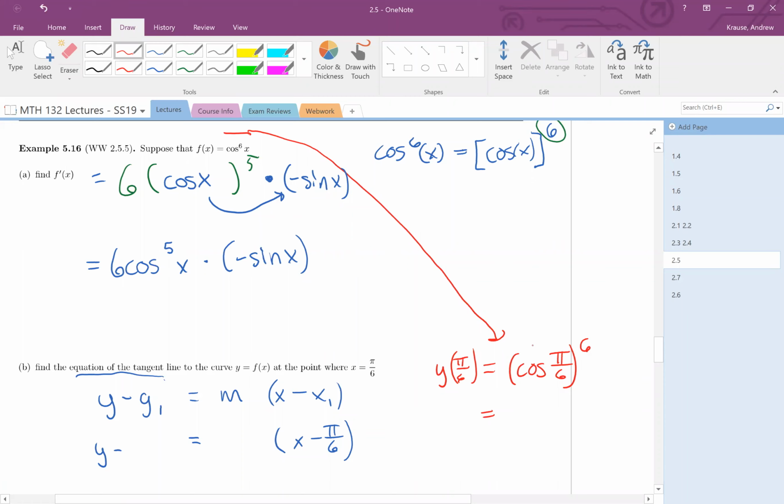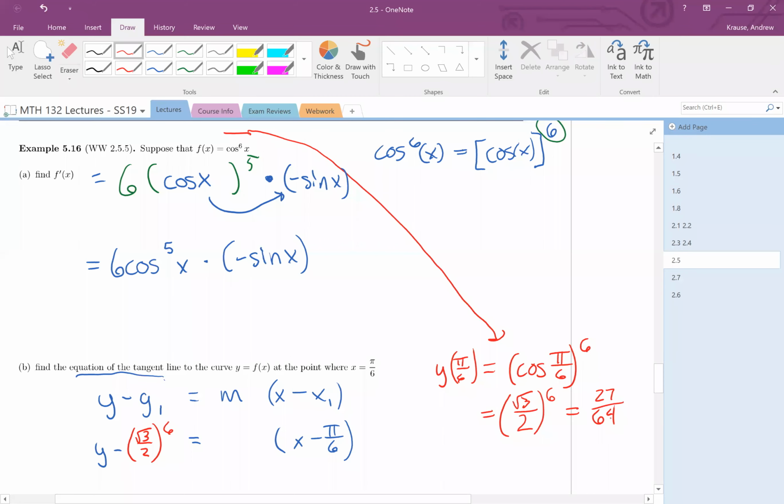Cosine of pi over 6 is root 3 over 2. And then we're going to raise that to the 6th power. Ugh. I'm just going to leave that there, root 3 over 2 raised to the 6th power, because that's some number. If we want to get really fancy, this is 27 over 2, 4, 8, 16, 32, 64.